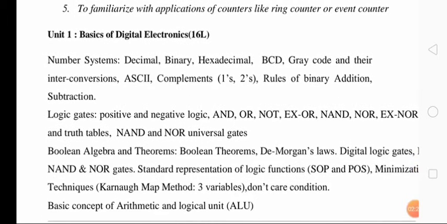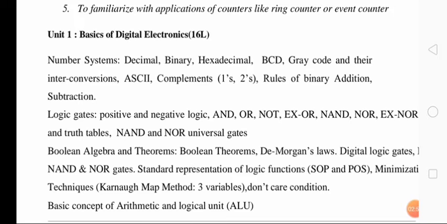So, let us start the discussion about Unit 1. Unit 1 is basics of digital electronics. The first point is number system. In number system, you are going to learn decimal number system, binary number system, hexadecimal number system, BCD, gray code and their interconversion.